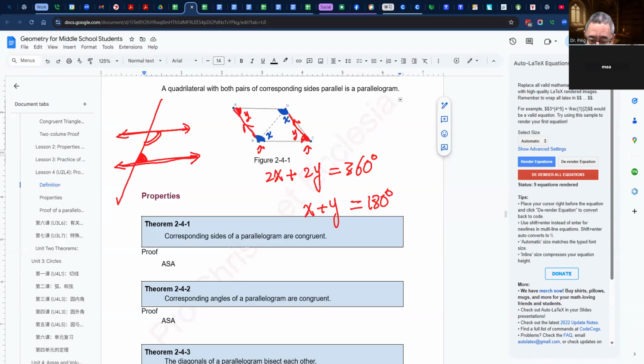And also here, Y plus X is 180, so this line is parallel to that line, which is what defines a parallelogram. So therefore, the second theorem also is true. Good.